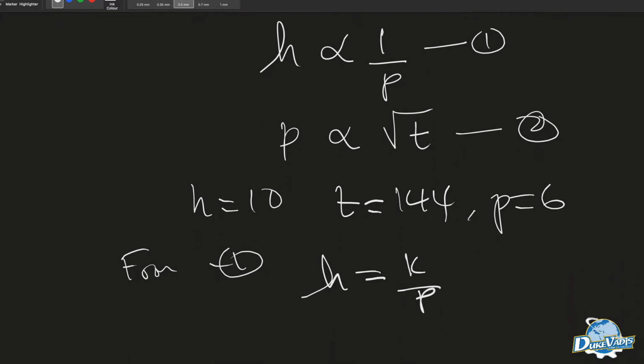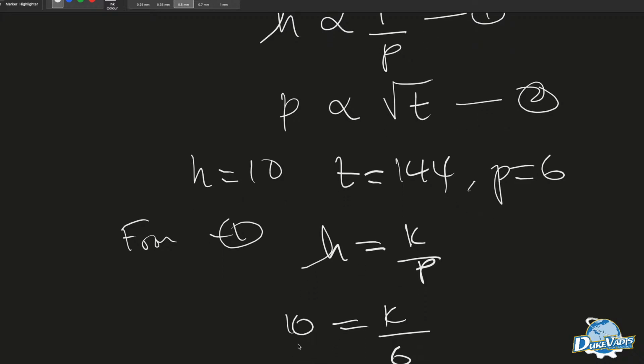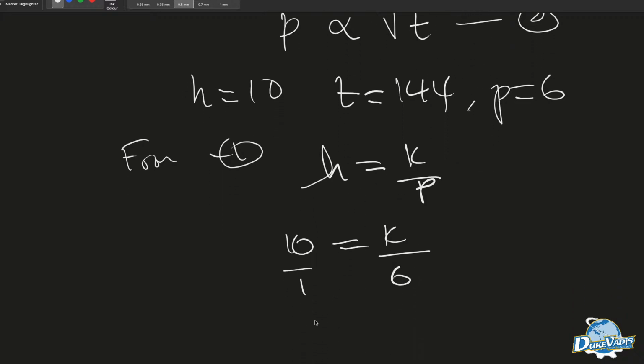Okay, so we have to find the value of k so that we're able to establish that particular equation. We have been given that h is equal to 10, so we put 10 equal to k over p, and p is 6. So 1 times k is equal to 6 times 10.